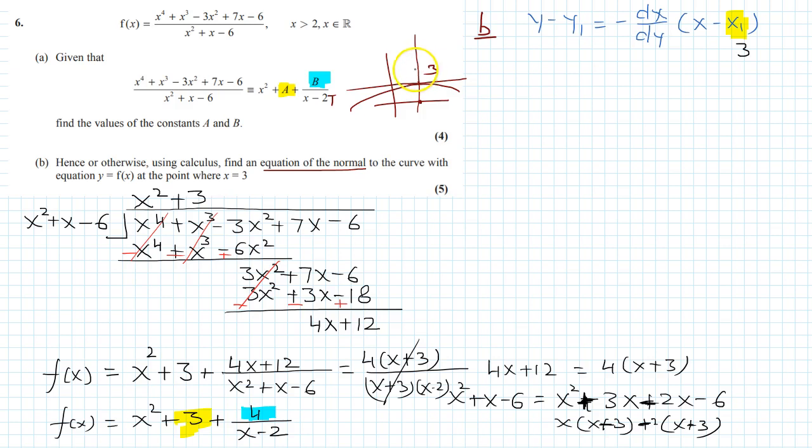So if x is 3, what will be the value of y? y will be 3 squared plus 3 plus 4 over 3 minus 2. This is 9 plus 3, 12, plus 4, 16. So this value is 16.